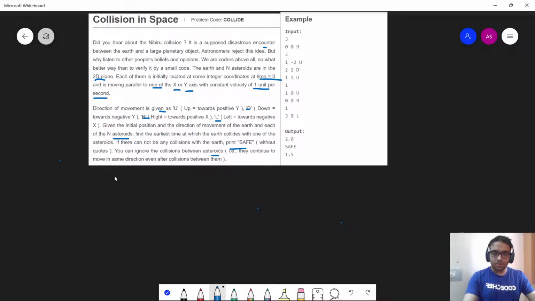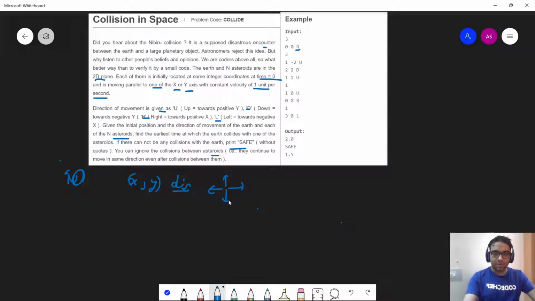Okay, so let me now summarize what the problem statement is saying. You're given n asteroids, and I'm giving the initial location of the Earth. So basically I'm given the position x comma y and a direction dir. Say if my direction is right, then I'm moving on the positive x-axis. If it was left, then negative x-axis. If it was up, then positive y-axis.